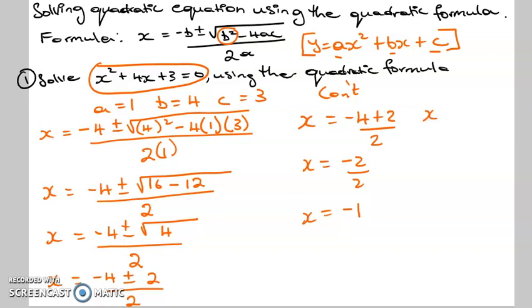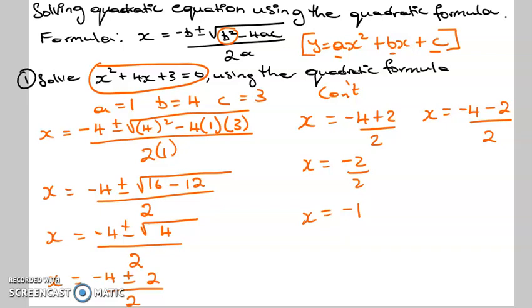So here we have x is equal to negative 4 minus 2 over 2. If you notice, the only difference between these two is the sign.